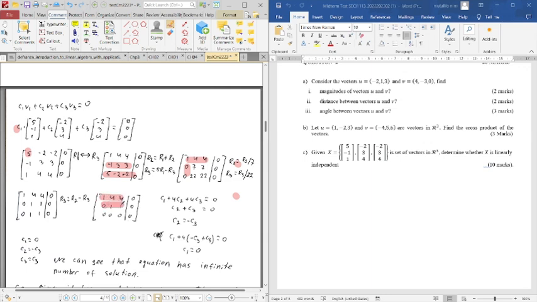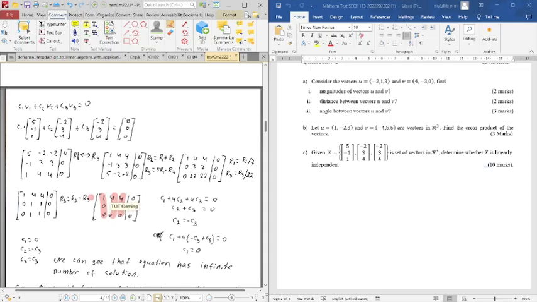As you can see here, after doing this, we're just going to substitute our C back. So C1 times the first column, C2 times the second, and C3 times the third vector. So we're going to get this system of linear equations.